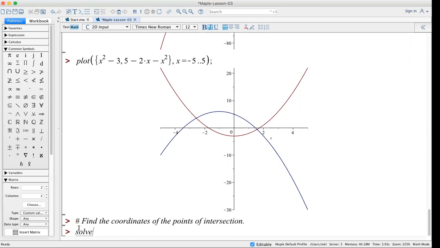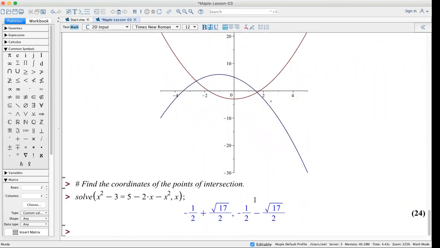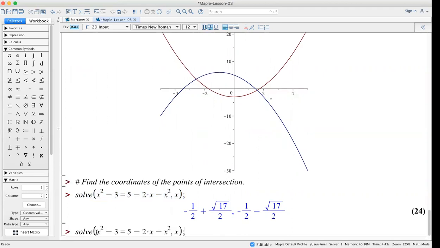So I can solve the equation x squared minus 3 equals 5 minus 2x minus x squared. If I solve that for x, I get 2 numbers, this point and this point. If I want it as a decimal, I can use fsolve.